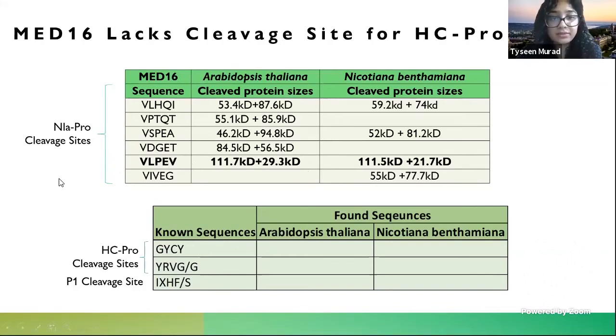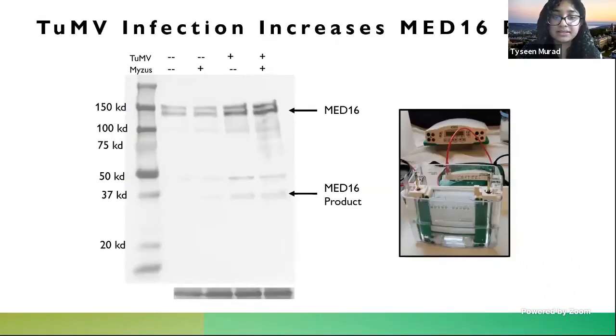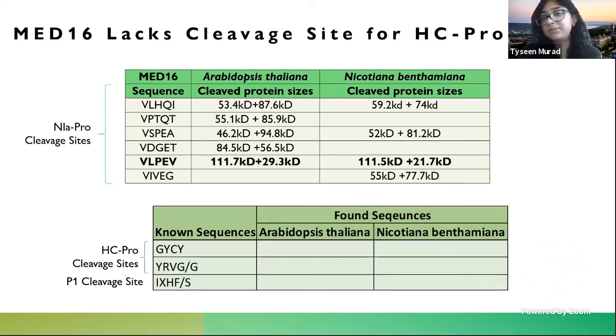If you look at the cleaved protein sizes, we have 111.7 kilodaltons and 29.3 kilodaltons. This is interesting because the sizes correlate to the size of the cleaved MED16 product that we saw in our Western blots. So this may suggest that it might be NIa-Pro from TuMV that's cleaving MED16.